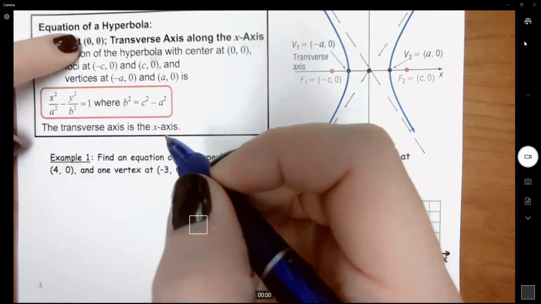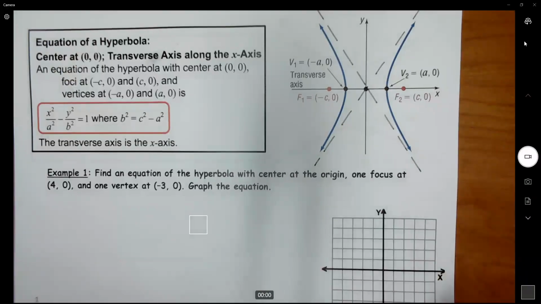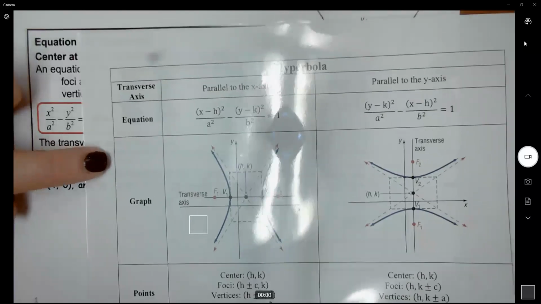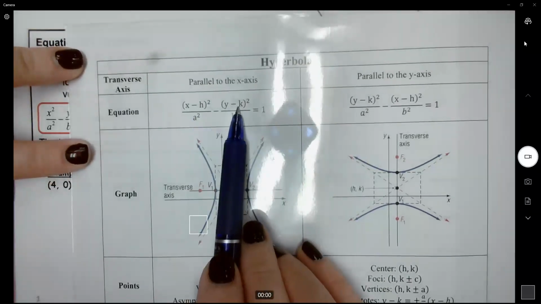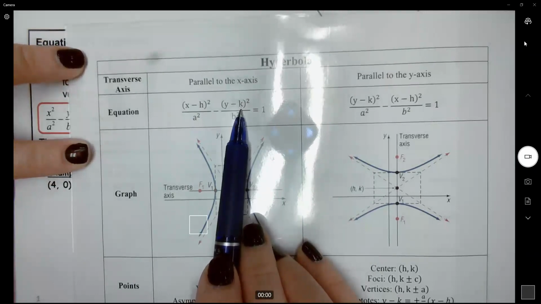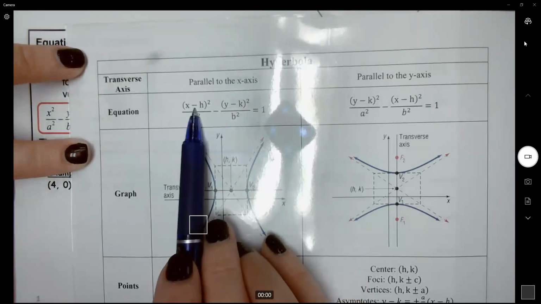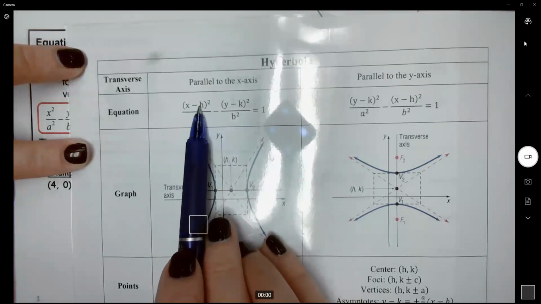So I know this is centered at 0, 0, because when it gets shifted, you will have a minus h and a minus k in that equation. So if this is just x squared, that means your h is 0.